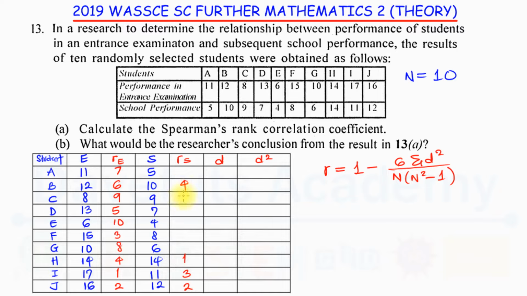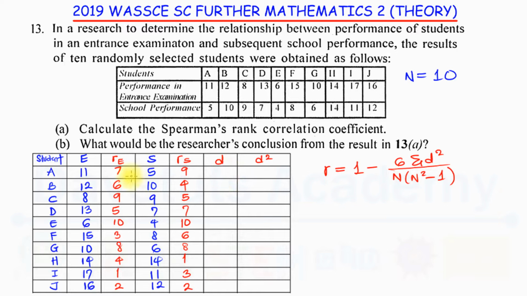Do we have 9? Yes, this is number 5. 8 is number 6, 7 is number 7, 6 is number 8, 5 is number 9, and 4 is number 10. So it is this ranking that we now look at to find the deviation that we will be using.